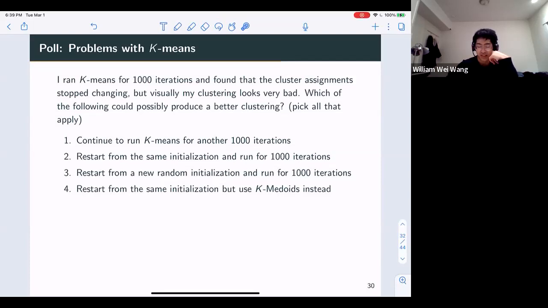And just for the sake of this last question, let's say that our initialization is a point in the data.